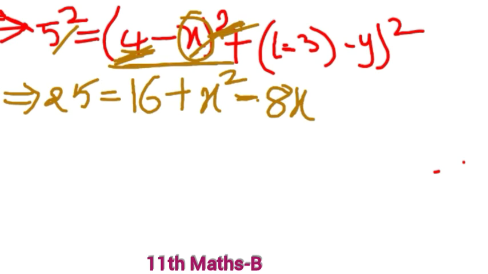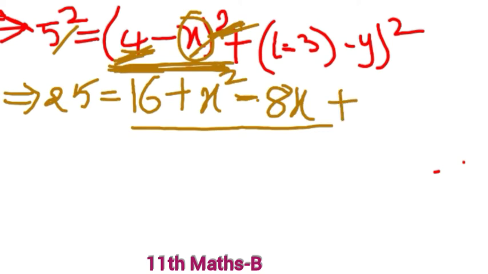So this whole bracket is expanded in variables and constants. Plus (-3 - y), minus into minus we get plus, right? So here we have to add: (3 + y) whole square.